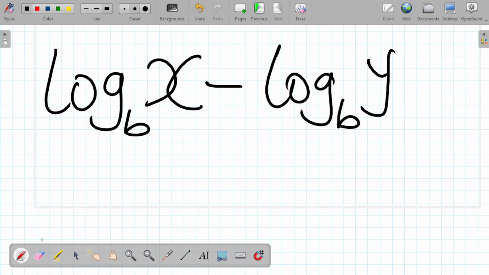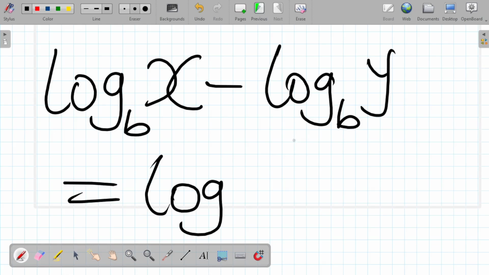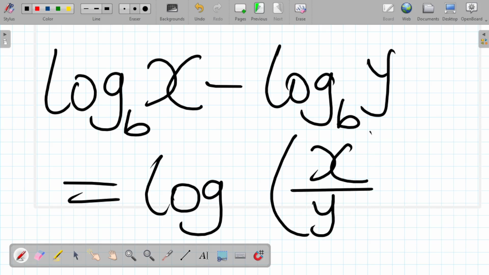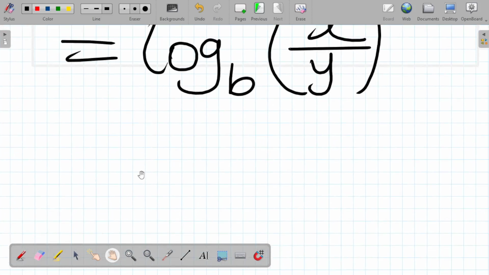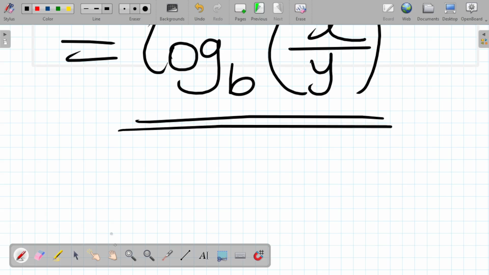According to the subtraction law, our answer is log, you divide the arguments, so we have x divided by y to base b. So this is our answer.